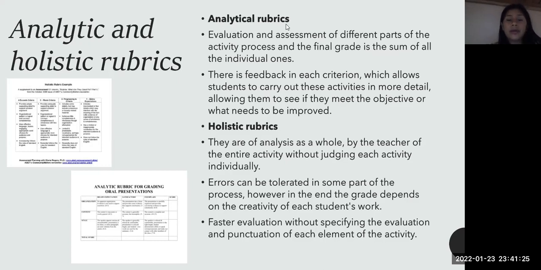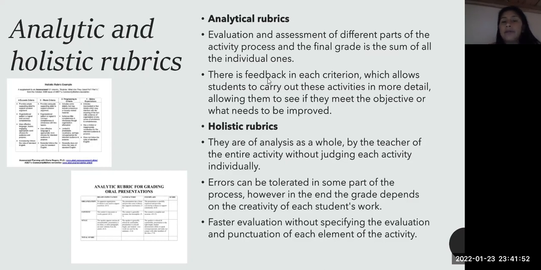In analytic rubrics, the evaluation and assessment of different parts of the activity is processed. And finally, the grade is the sum of the individual ones. It is more specific to each activity in the task.